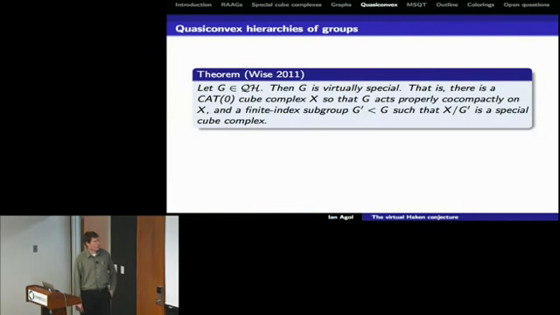So what Wise proved in 2011 is that if you have a group which has a quasi-convex hierarchy, then it's virtually special.